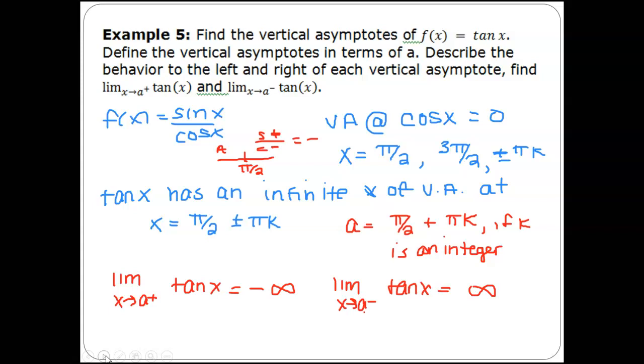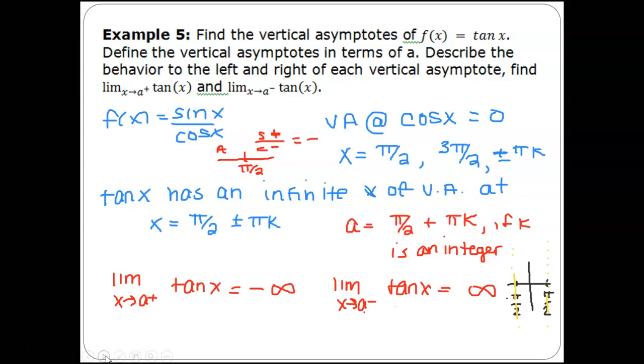If you graph tangent, I don't have a lot of space on here. We know there are vertical asymptotes at all the pi halves. It means that here's pi halves.